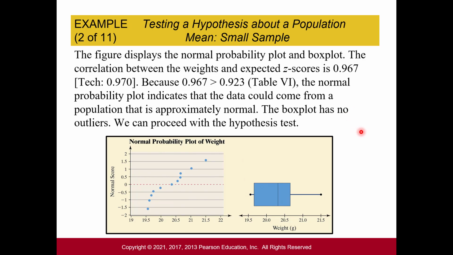And so we're going to go over to StatCrunch and create both of these graphs and determine our correlation coefficient, which is going to be this 0.967, or it's actually going to be 0.90 with technology. And we compare that to our critical value, if you recall from the past, to figure out if our data is approximately normal, which in this case it is. So let's go over to StatCrunch real quick.